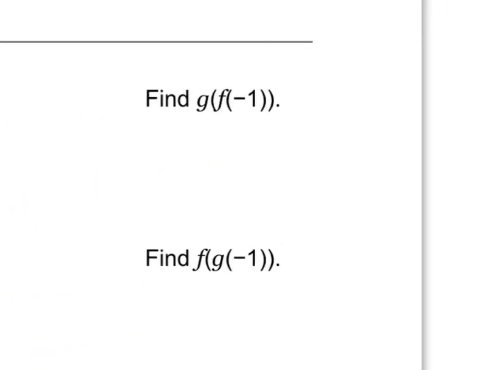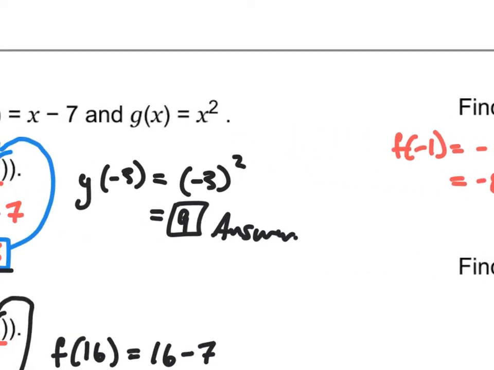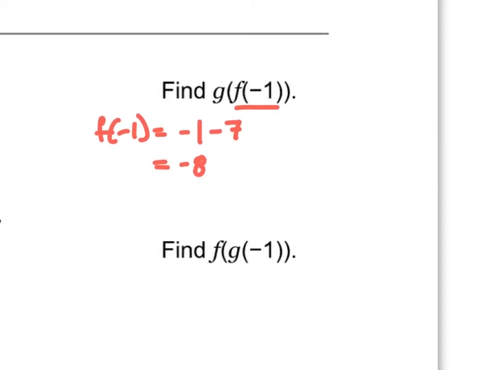Okay, it wants us to find g of f of negative 1. So the first thing I want to do is evaluate my inside function first. Okay, so I have f of negative 1, and that's just going to give me negative 1 minus 7, which is going to give me negative 8. Okay, is that right? Yeah, negative 1 minus 7 is negative 8. Okay, so this is what f of negative 1 is equal to, okay?